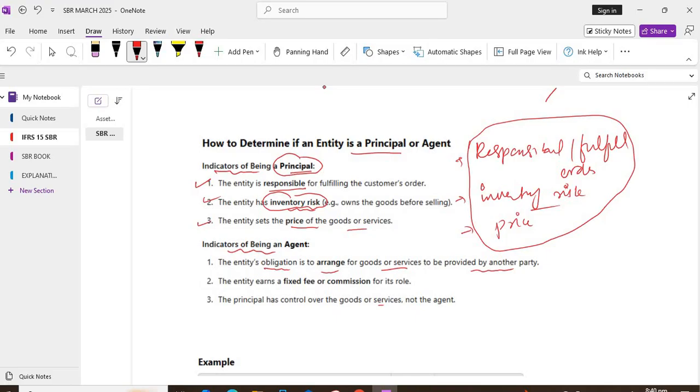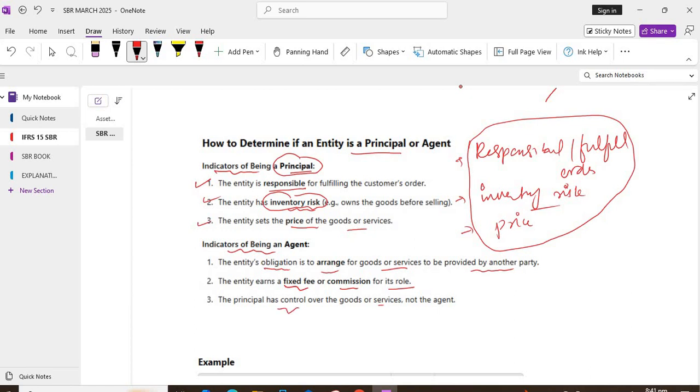Your obligation is just limited to the arrangement. Now you will earn a fixed fee or commission for your role. So whatever commission is decided between you and the supplier, you will recognize that as your revenue.